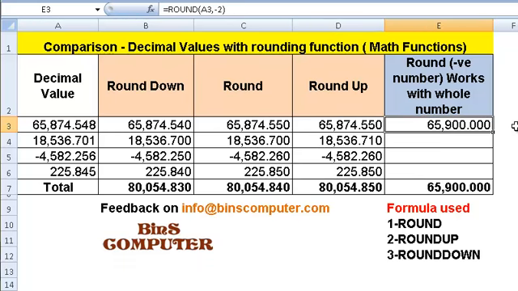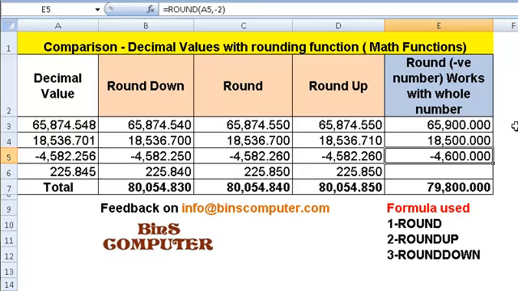Here 536 is rounded to 500. As 36 is less than 50, this value is rounded to 500. And here we are getting 582 converted to 600, as 82 is greater than or equal to 50, so it has been rounded up to 600.